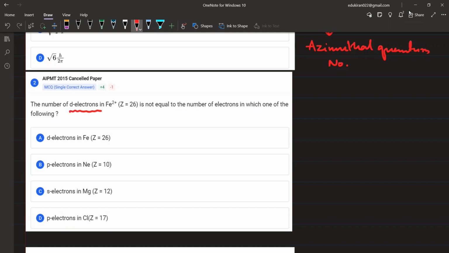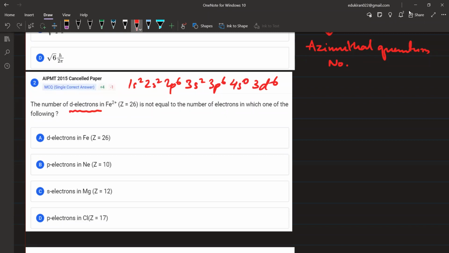चलिए, please see here. So Fe2+ में what is the electronic configuration? 1s2, 2s2, 2p6, 3s2, 3p6, and then 4s2 and 3d6, right? 4s2 में से ये दो इलेक्ट्रॉन निकल जाएंगे.